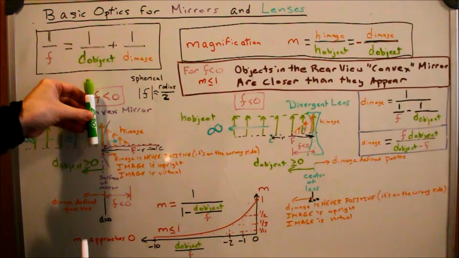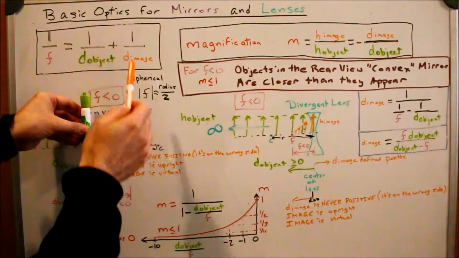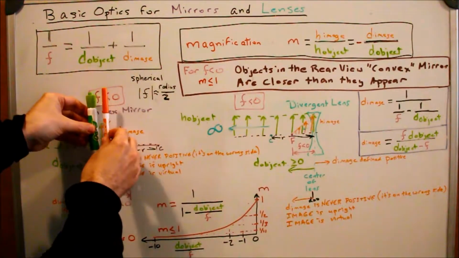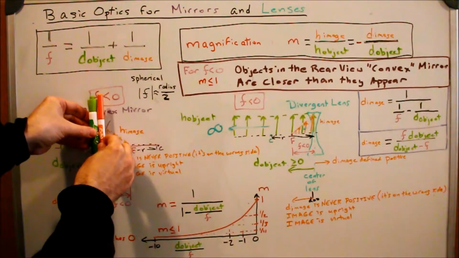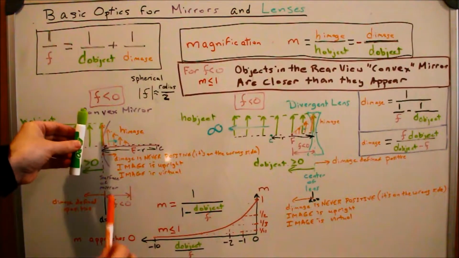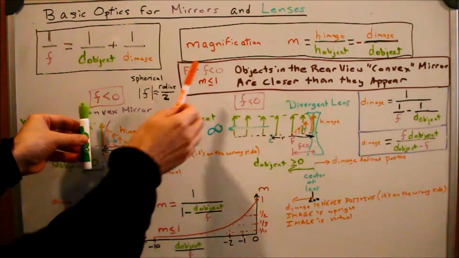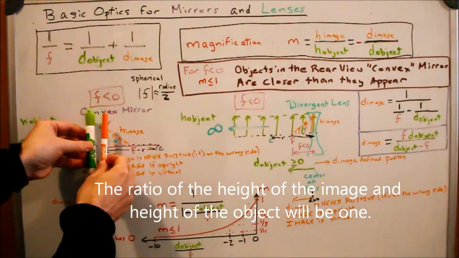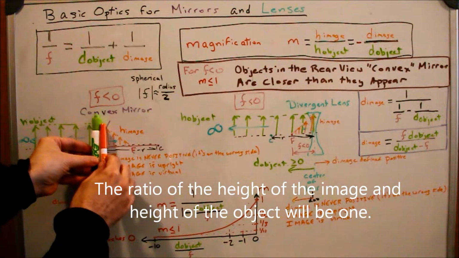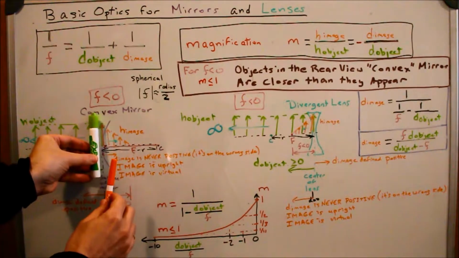If I solve this equation, the distance of the image will also be 0. The height of the image will equal the height of the object, so the magnification factor will be 1.